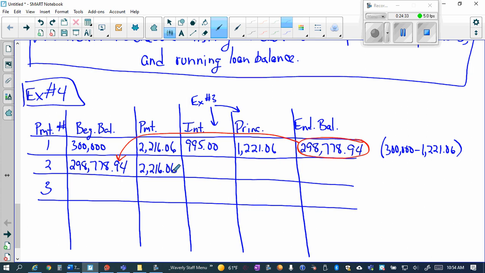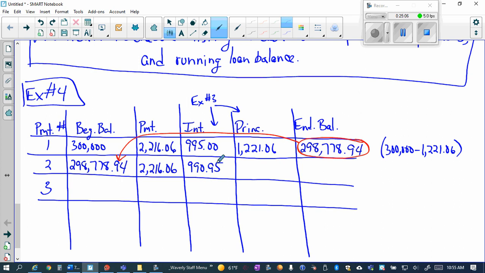So with a new beginning balance, we're going to have a new interest portion of that payment. So we're going to do the same thing we did in example 3, except instead of using $300,000, we will use $298,778.94. So we take our $298,778.94, multiply it by, what was the rate in there? 0.0398, right? Divided by 12. And when you do that, we have a new interest portion, 990.95.